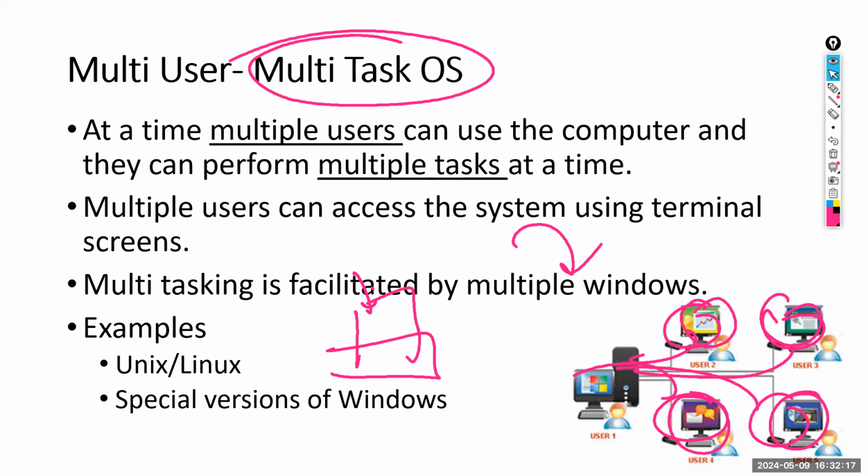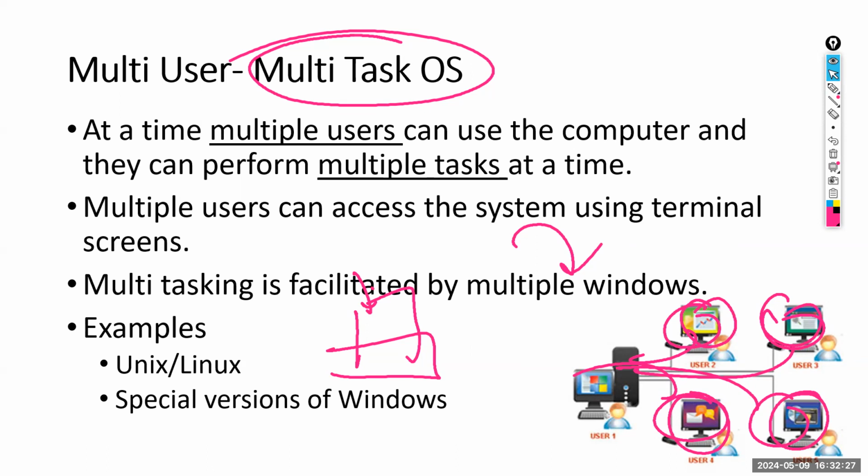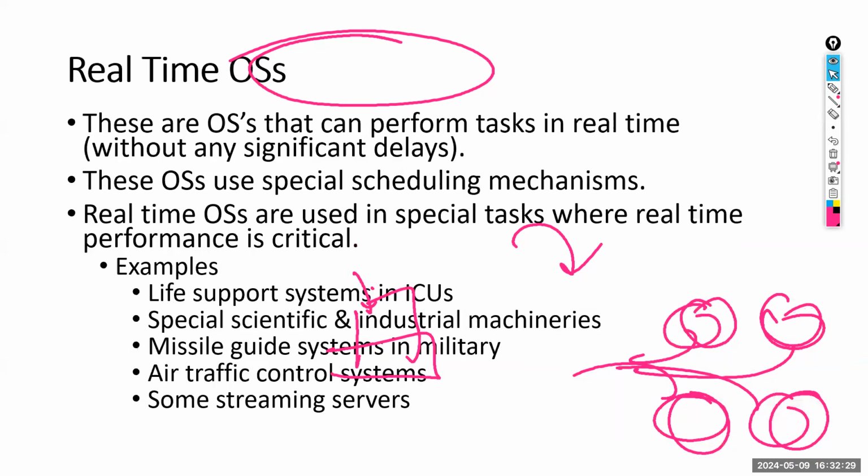Right. So now we have discussed single-user single-task, which is not practically an OS, then single-user multitask, and finally we moved on to multi-user multitask. The final category that we look at, of course there can be some more classifications, but this is a final classification, is the real-time OS.